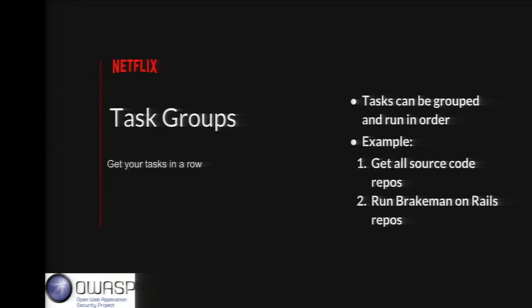You're going to want to get your repos first, and only once that finishes, run Brakeman or Bandit or some other tool. By being able to group tasks, we can ensure that everything from the first group runs first, then the second group, then the third, and so on, to separate out these logical steps in your workflows, in your synchronization and analysis.